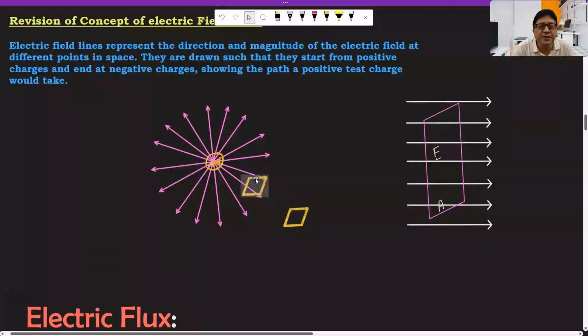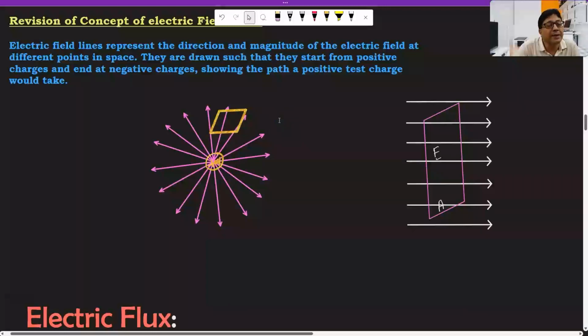If we hold this surface area near the charge, you can see that more number of lines of forces pass through this surface. But if we hold the surface a bit away from the charge, then we observe that fewer lines of forces pass through this surface.